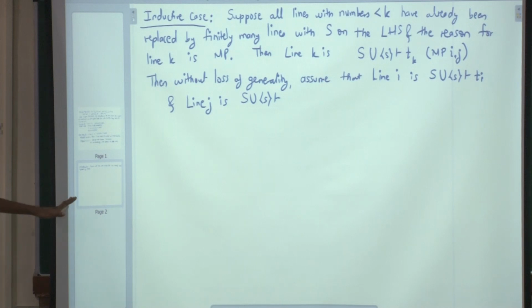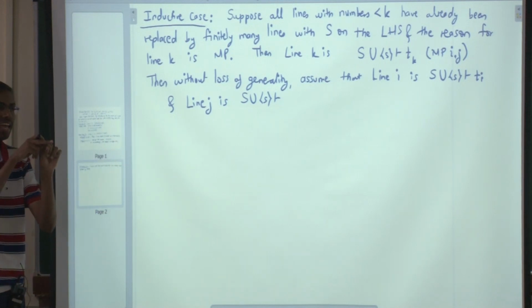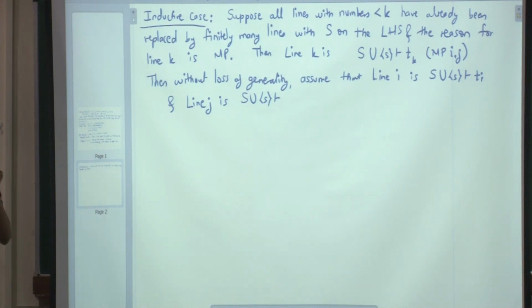We cannot say Tj. That's where we had to make a choice. I said without loss of generality. Either line I would be something implies Tk, or line J would be something implies Tk. Either Tj implies Tk or Ti implies Tk. So here we are going to say Ti implies Tk.